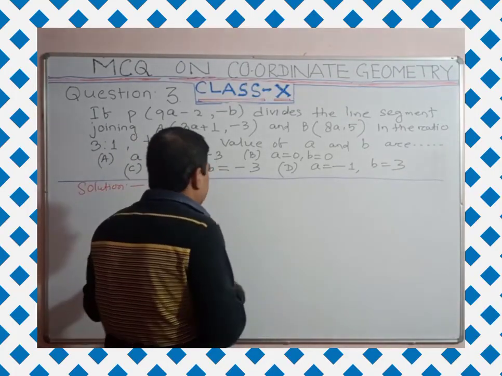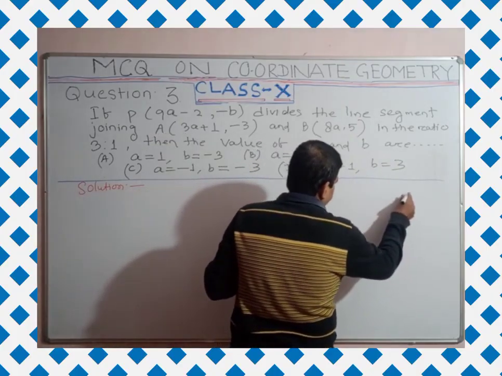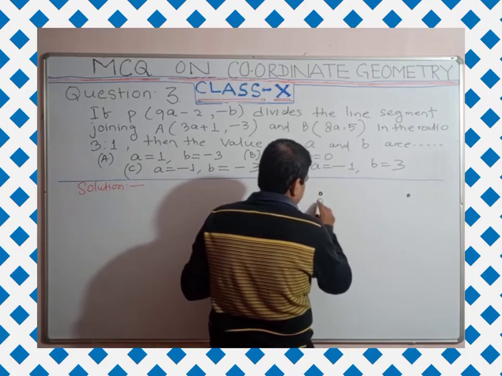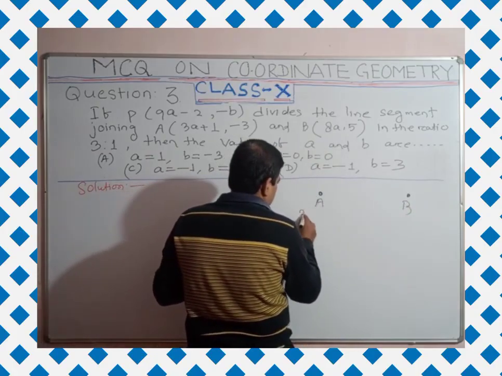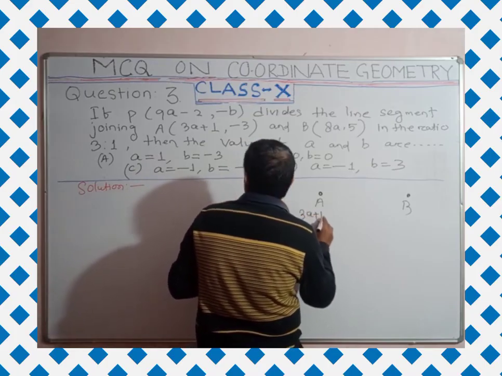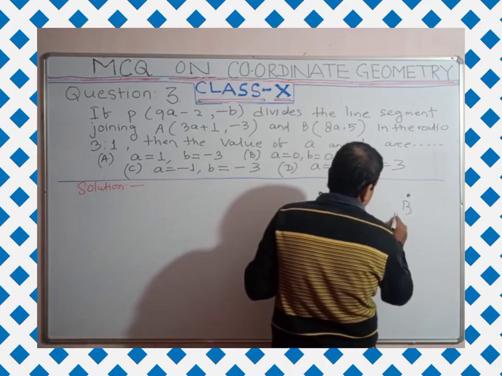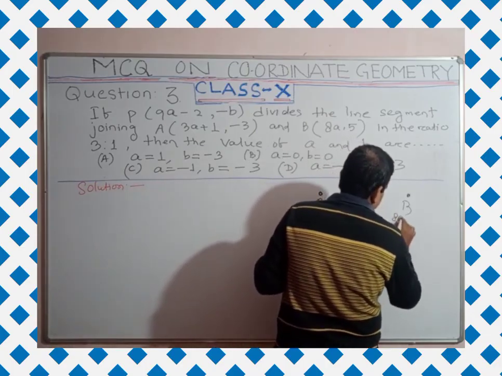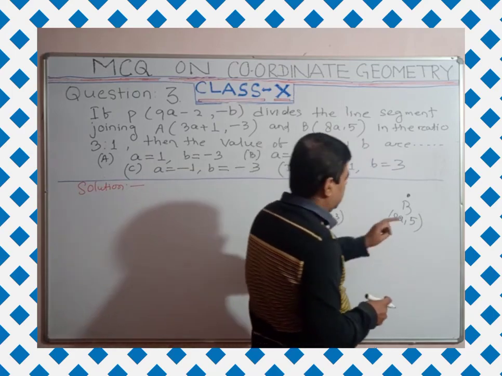Here, clearly, A is a point and B is a point. Two points are given, and the coordinate of A is 3a plus 1, minus 3. Yes or no? And B has x coordinate 8a and the y coordinate is b.